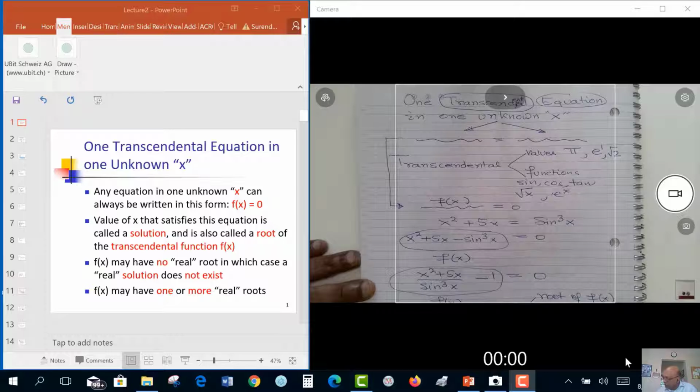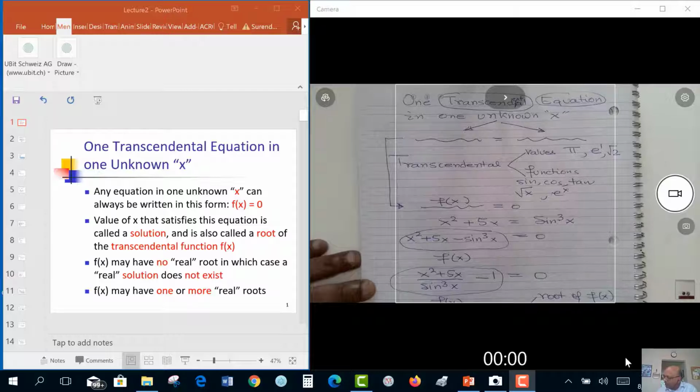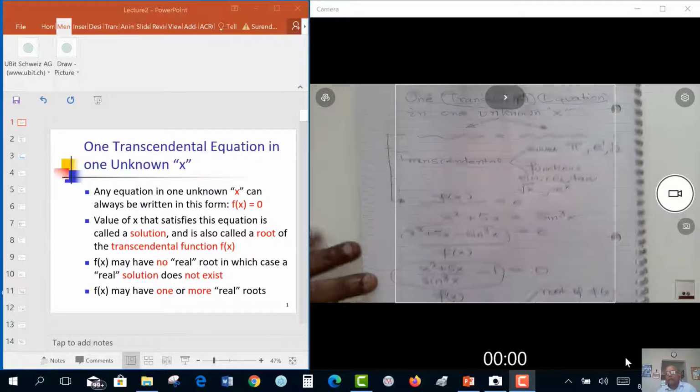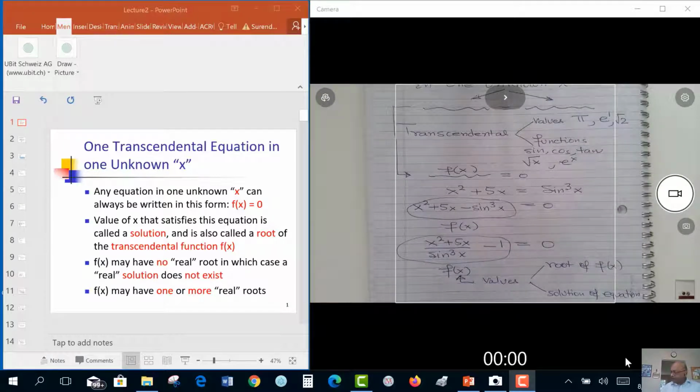It's also solution of the equation. So that's our terminology. Now, the function may have no real root, in which case the solution does not exist, or the function may have one or more real roots.